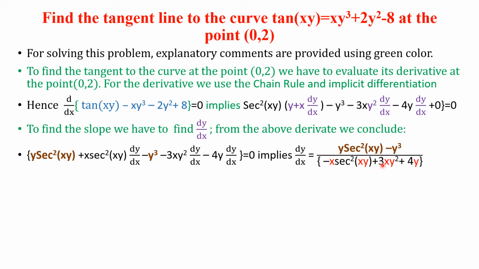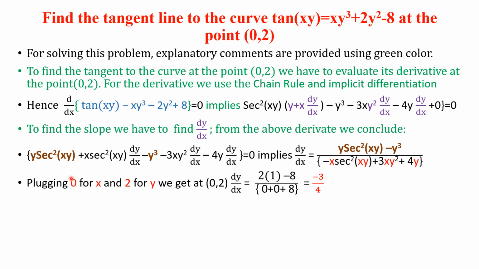From here, the next step is to plug in 0 for every x and 2 for every y, and we will get, at the point (0, 2), the derivative dy/dx equal to 2 for the y, and since x equals 0, sec^2(0) will be equal to 1, minus y^3, and y is equal to 2, so it's minus 8, divided by the bottom.